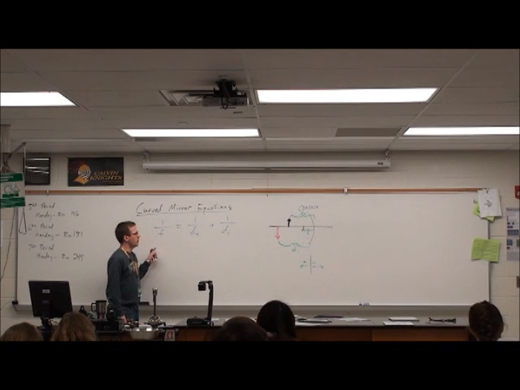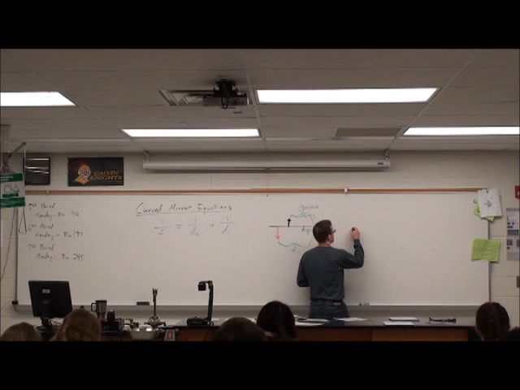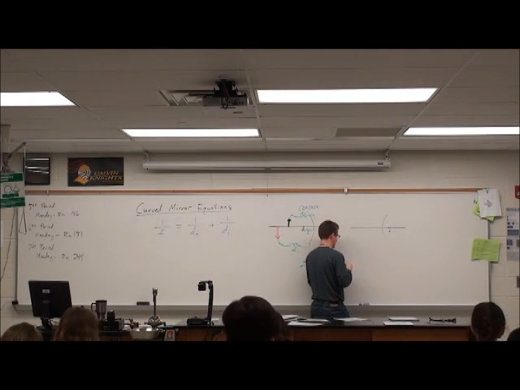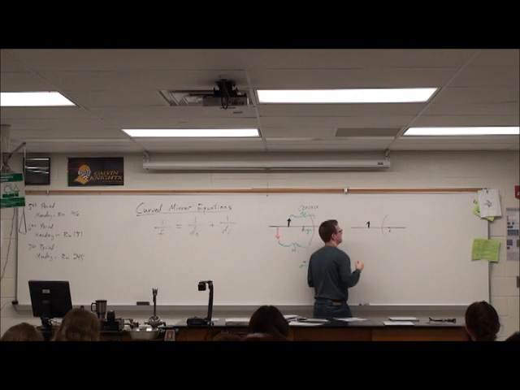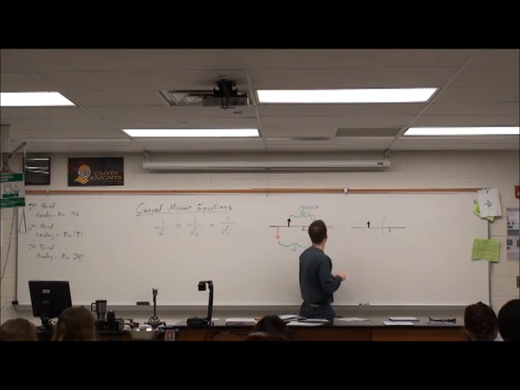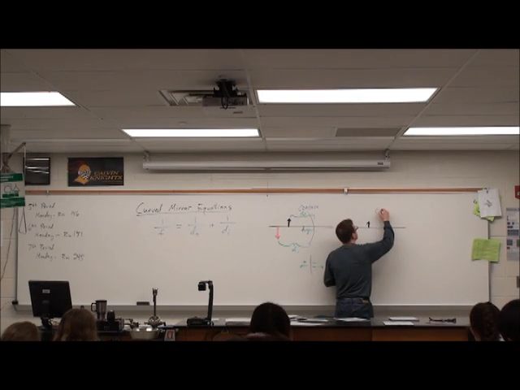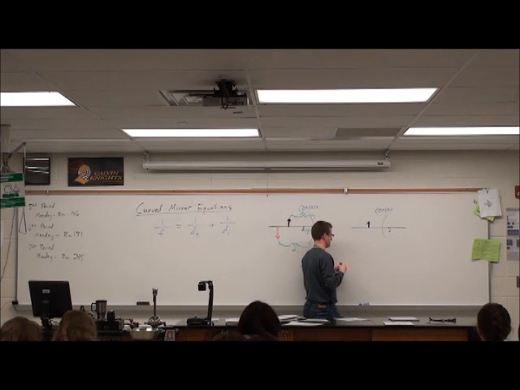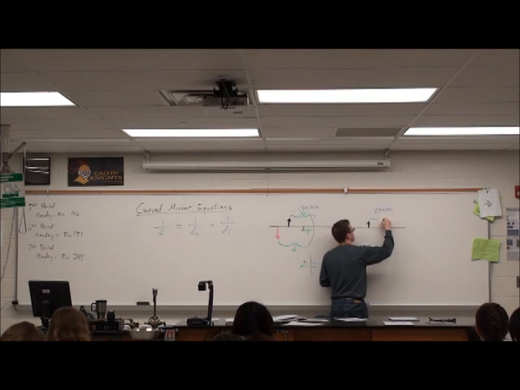Okay, if I did this for convex mirrors, it looks something like this. Here's my focal point, and I have my object right there. Again, we always measure to the mirror.